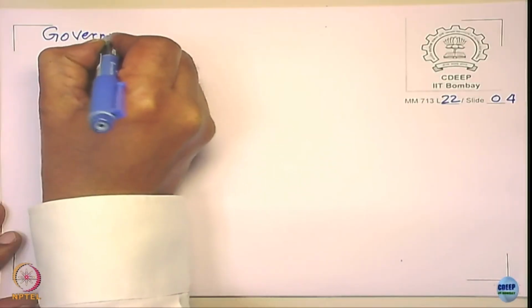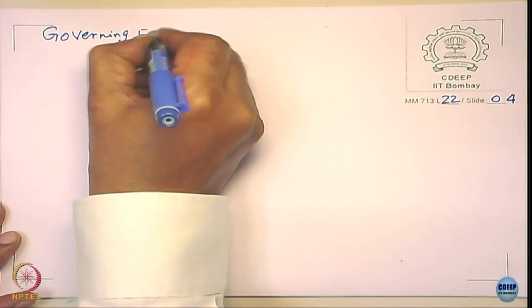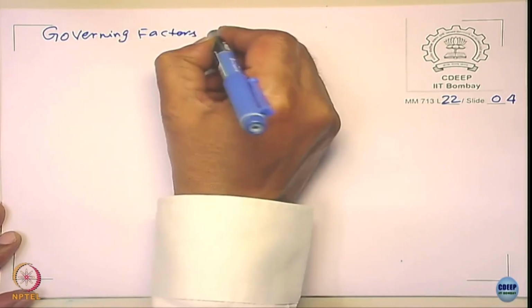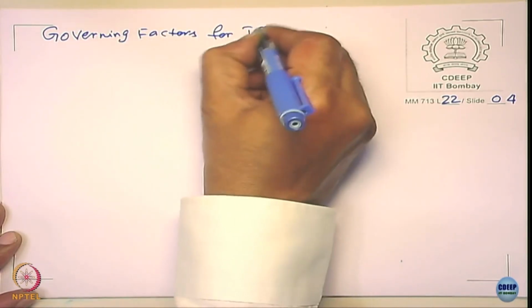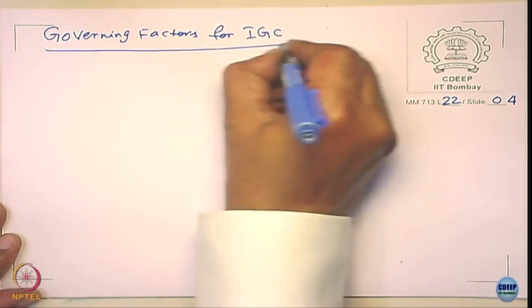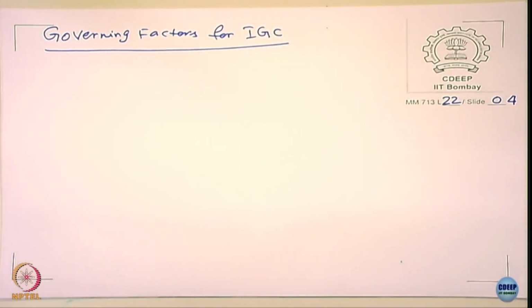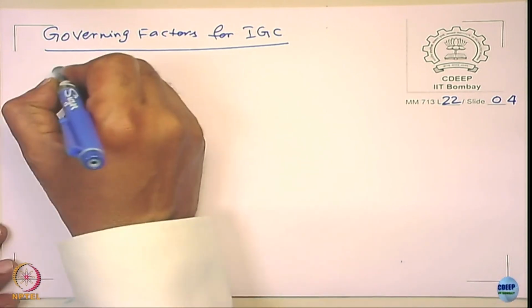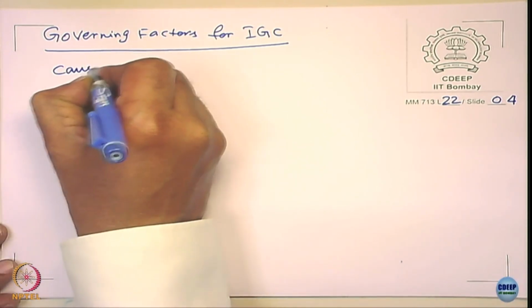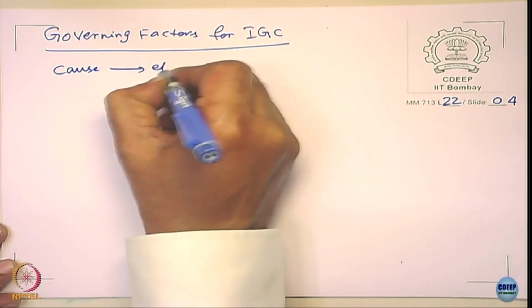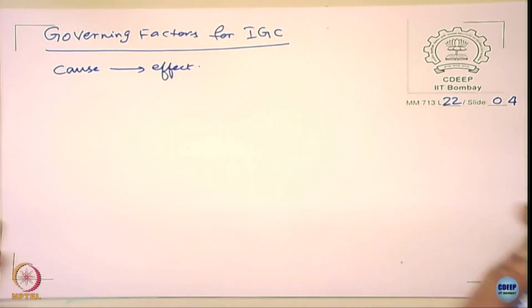Now we need to understand what are the governing factors for intergranular corrosion. There is a cause and there is an effect here, right.